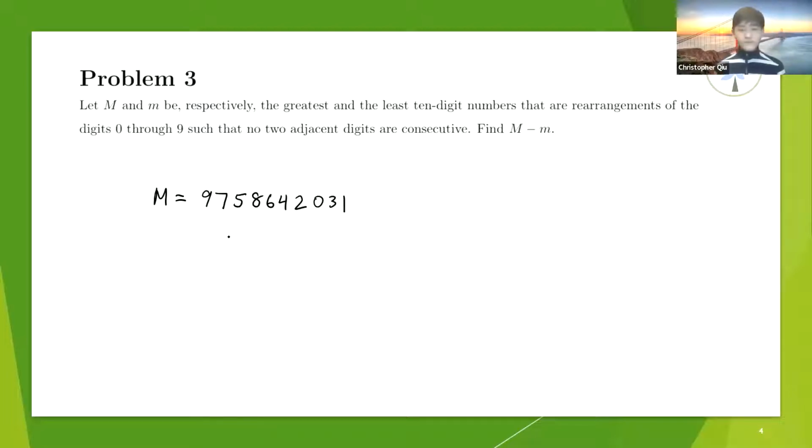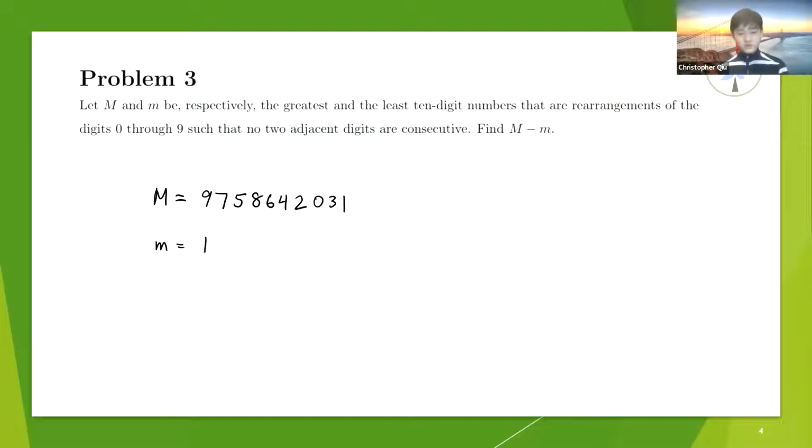All right. So now that we have our value for big M, let's find the value of little m. So as for little m, we know that since what we want is a 10-digit number, we cannot start with the digit 0 because 10-digit numbers cannot start with the digit 0.